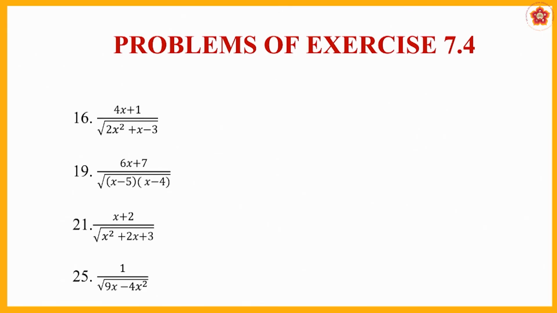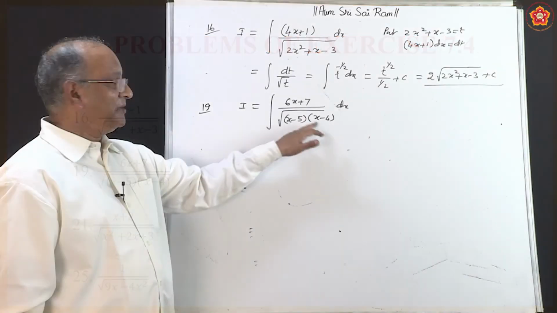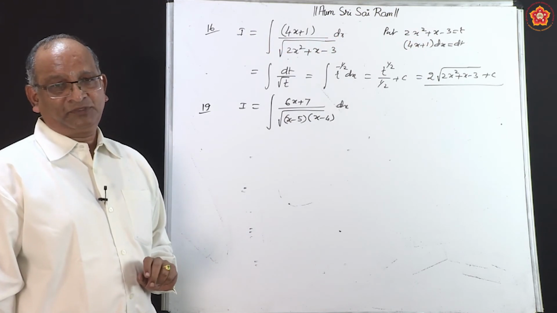19th problem. 6x plus 7 upon under root of (x minus 5)(x minus 4). You recollect we have done a problem like this one in the denominator. So what did we do?